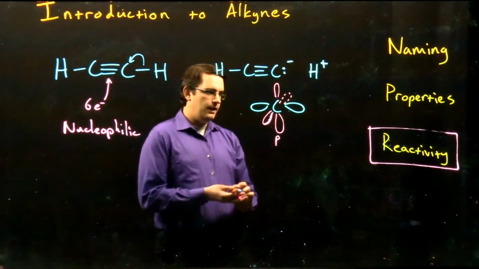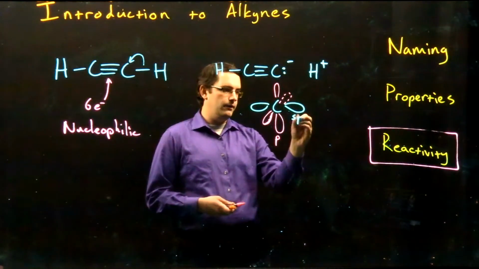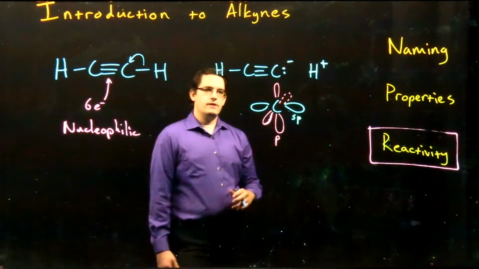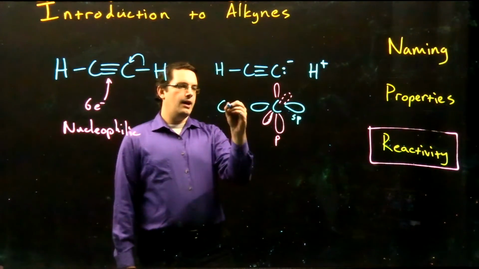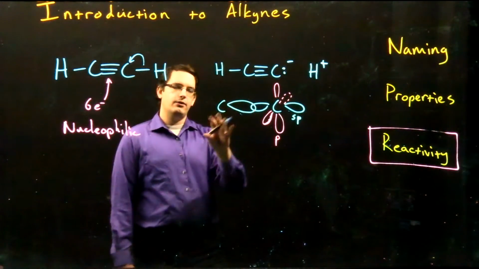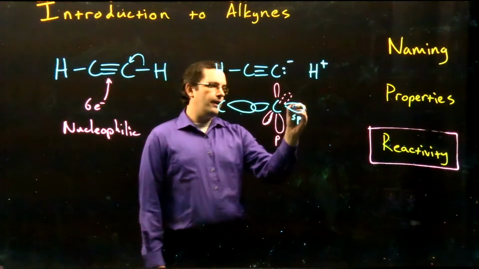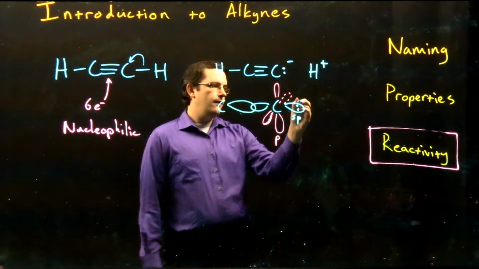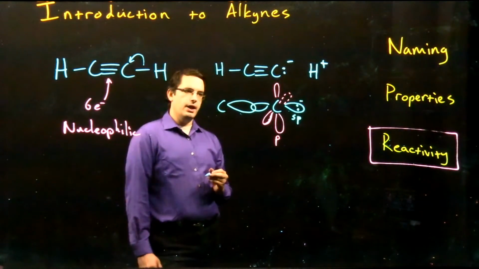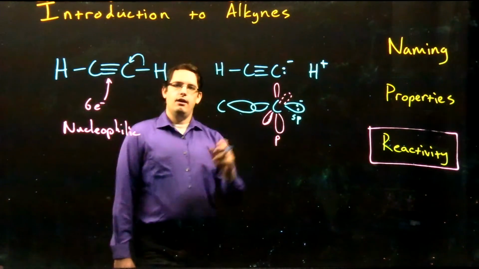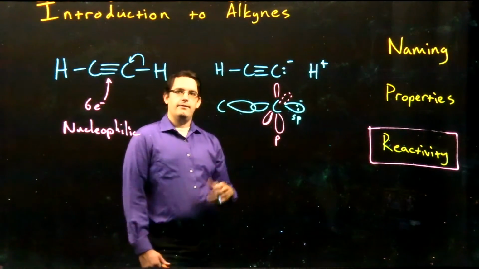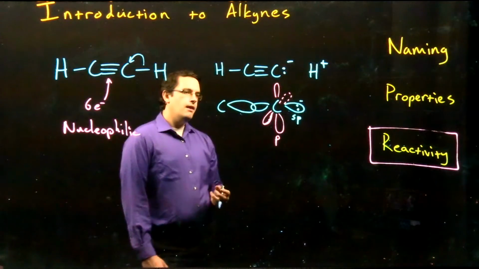So we have our p orbitals and our sp orbitals. Notice, in this case, we would have one sp orbital bonding to our other carbon, and the other sp orbital would actually get that lone pair of electrons after our carbon reacts as an acid.